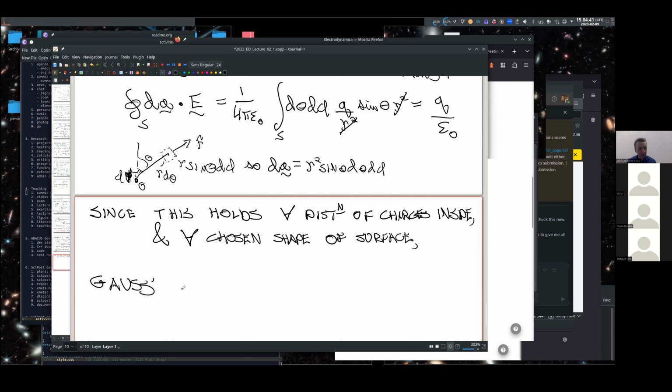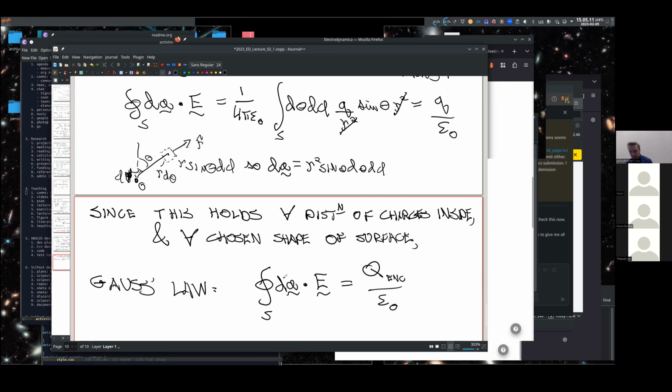Gauss's law tells you that the surface integral over a closed surface of your electric field dotted into the differential surface element of your surface is simply proportional to the total charge enclosed by your surface, divided by this epsilon zero that we have.